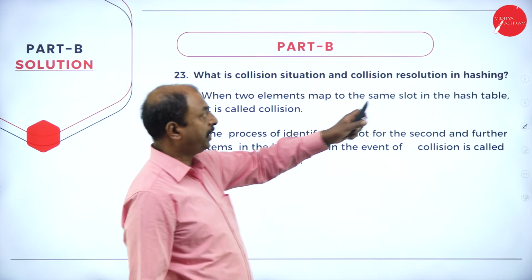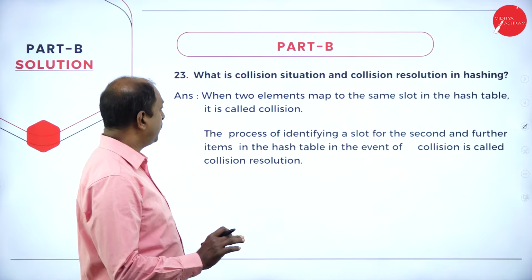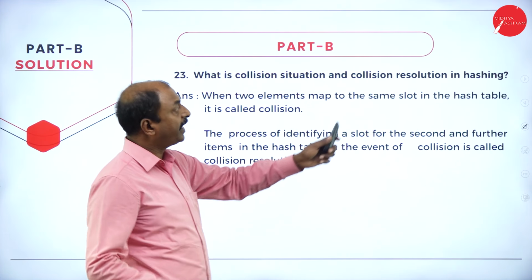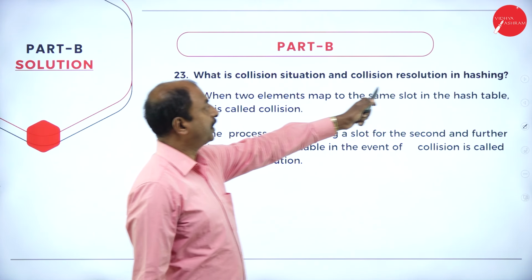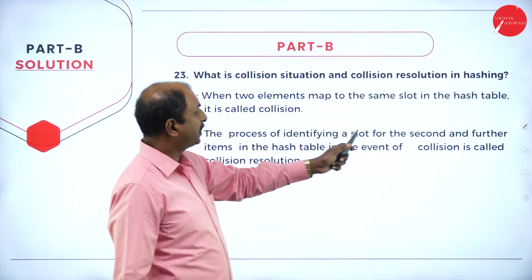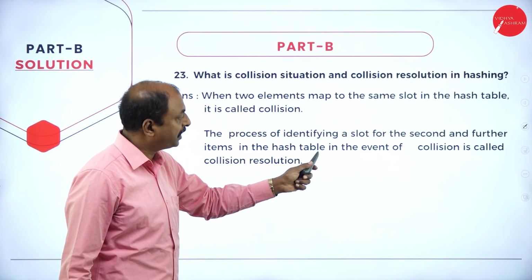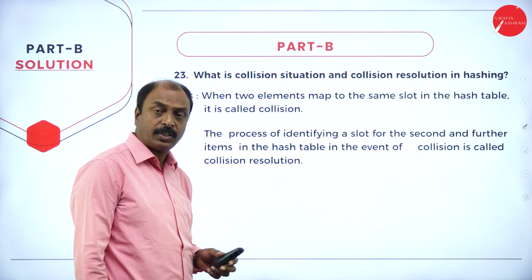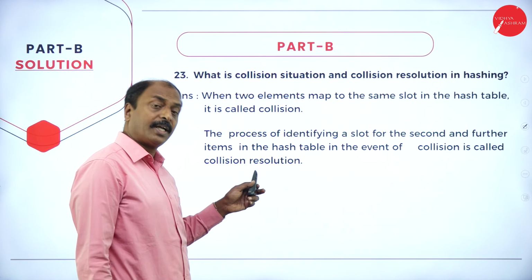With respect to hashing, we prepare a hash table, and if there are elements mapped to the same slot, it is called a collision. Then what is collision resolution? The process of identifying a slot for the second and further items in the hash table in the event of a collision is called collision resolution. So this is the definition of collision and collision resolution.